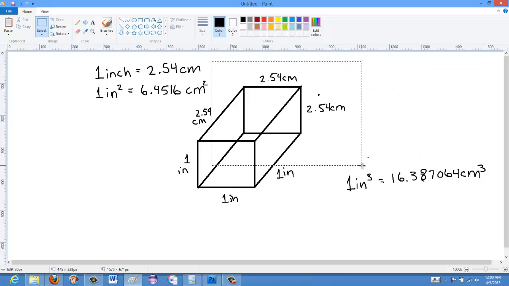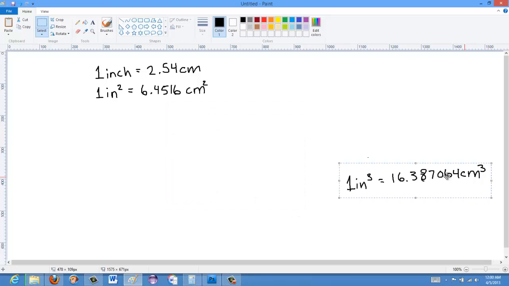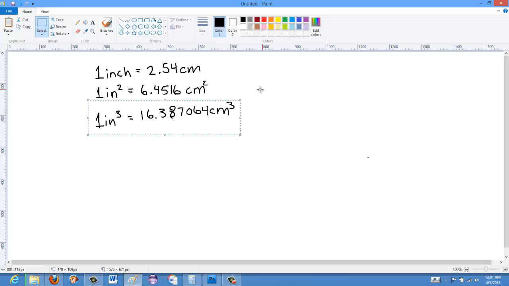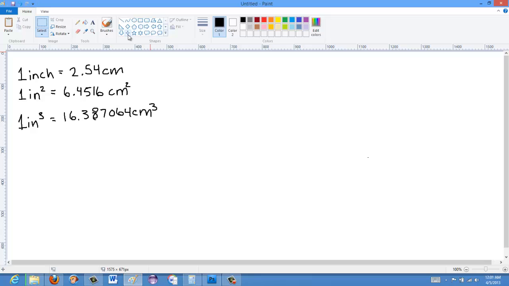So anyways, I'm just going to clean this up a little bit here, and I'll try and show an example. Let's say, for instance, we're given a problem, and it says something like convert 2.5 cubic meters into an unknown number of cubic inches.